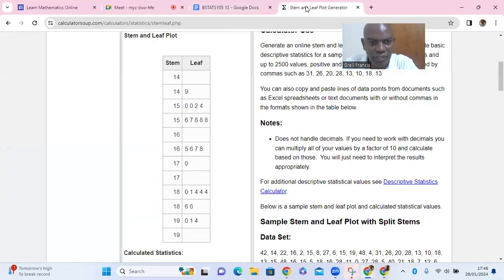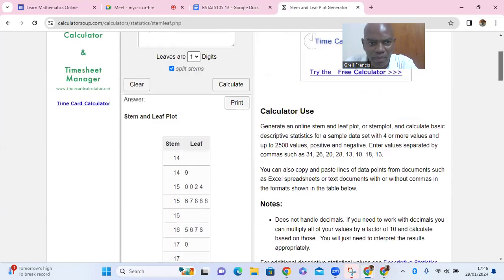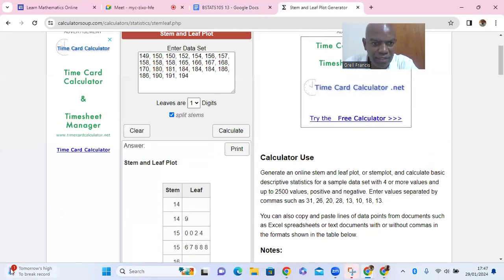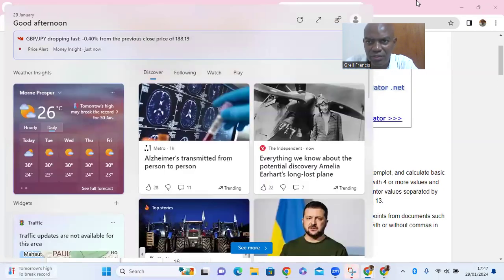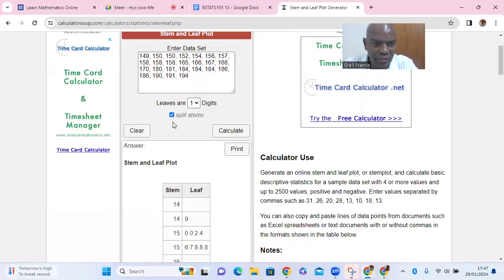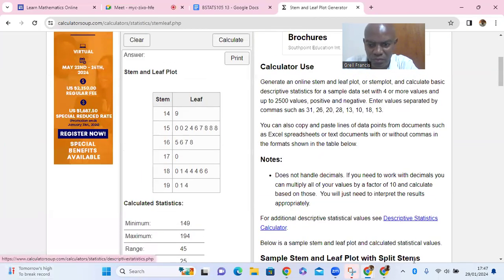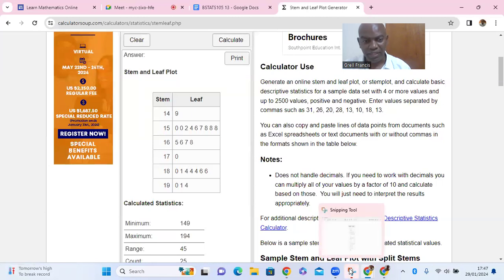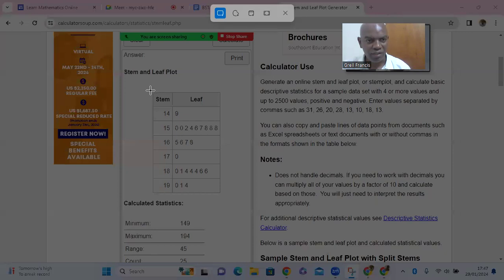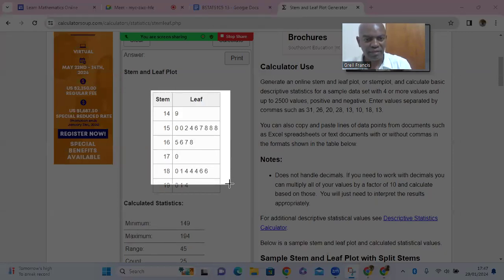Let's go and do that over again. I don't want split stems. Yeah, sorry. No split stems. Now calculate. Right. Good. No split stems. So it gives me only 14 appears once, 15 appears once, meaning the stems of 14 and 15, etc., have not been split into 2 parts.